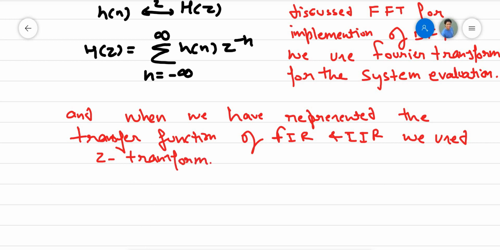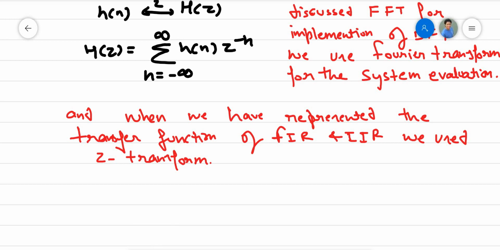So it is quite an important thing when we discuss Z transform with discrete time signals for the implementation of FIR and IIR system realization, whereas for the computer based algorithm we use FFT to implement the discrete Fourier transform and to also evaluate Z transform. Right, this is very important.